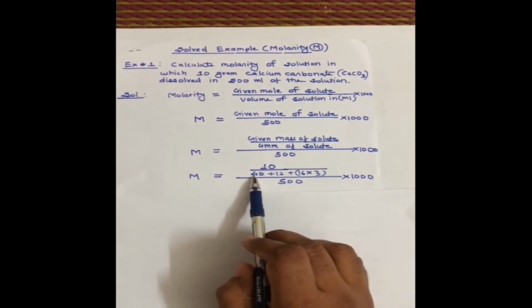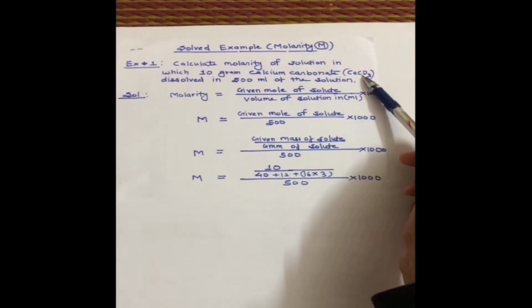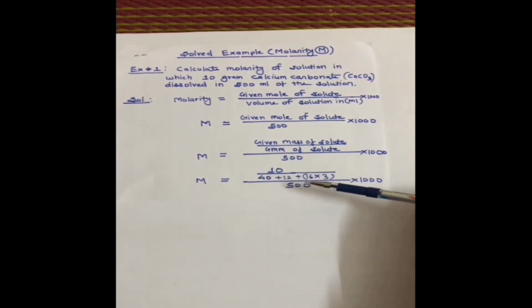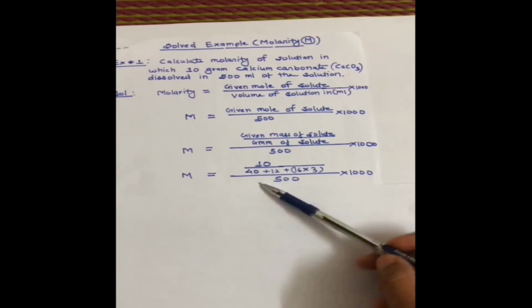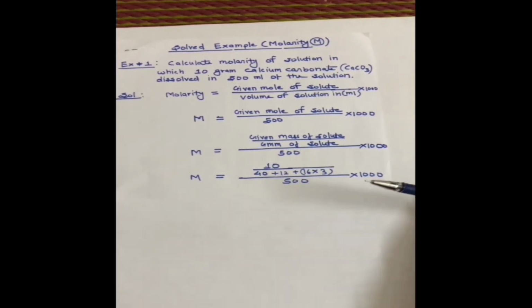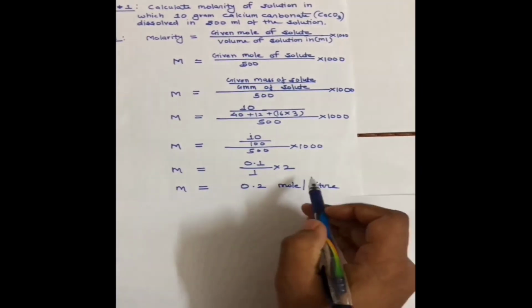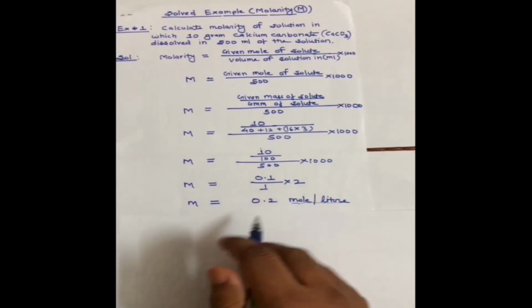The atomic mass of calcium is 40, carbon is 12, and oxygen is 16, and because there are 3 oxygen, we multiplied by 3. Therefore the overall value is 10 divided by 100, divided by 500 multiplied by 1000. So the overall value will be 0.2 mole per liter. Why mole per liter? Because the unit of molarity is mole per liter. Thank you.